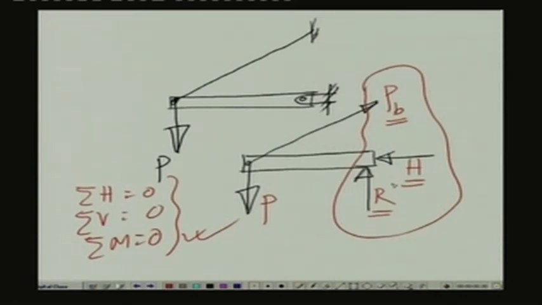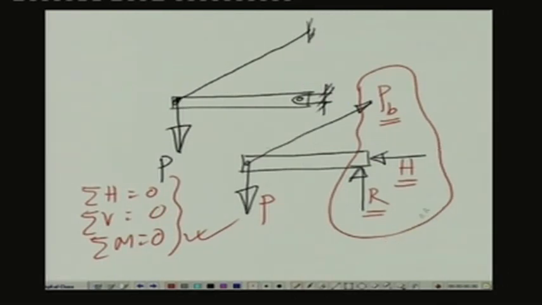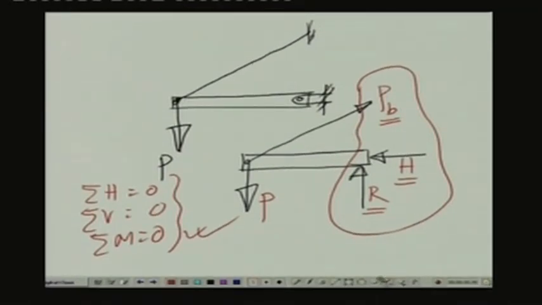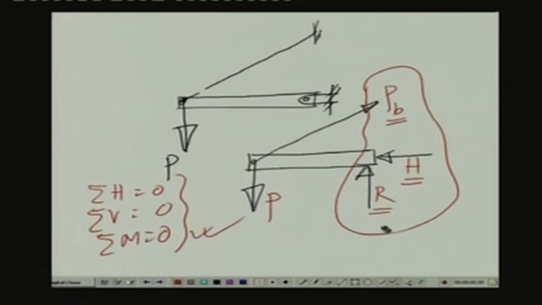Now, let us change the configuration of this particular system a little, and instead of supporting this rigid bar with one wire alone, let this be connected by two wires of this particular form.